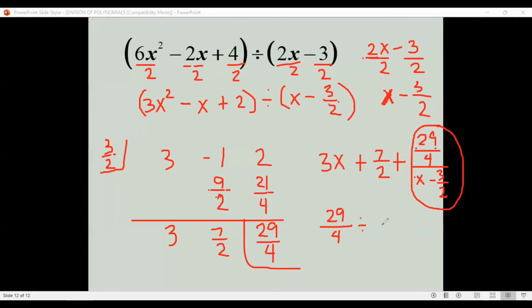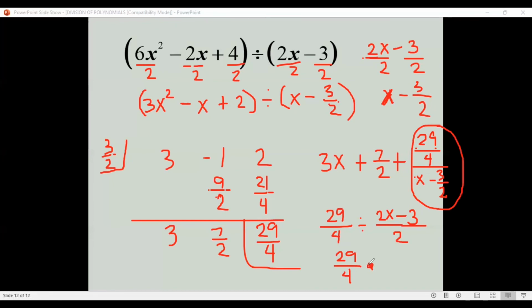So if you are going to combine this, we actually have 2 times x is 2x, minus 3, over 2. Okay, so if you remember how to divide fractions, you just have to copy the first term, and then change the operation to multiplication.